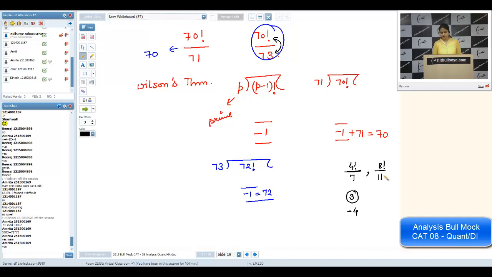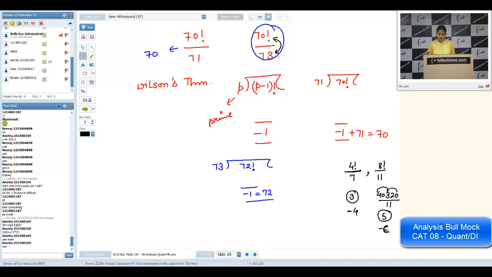Now, what is 8 factorial? 6 factorial is 720, then we have 5040, then we have 40320. Divided by 11, I'm using 11's divisibility rule, the remainder will be 5, or we can say minus 6.